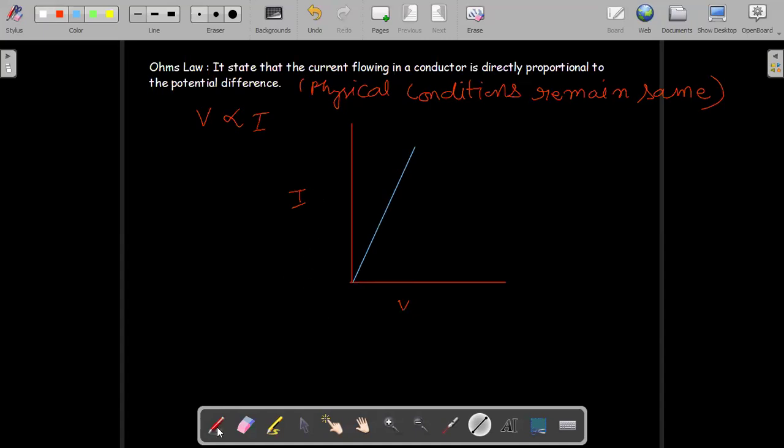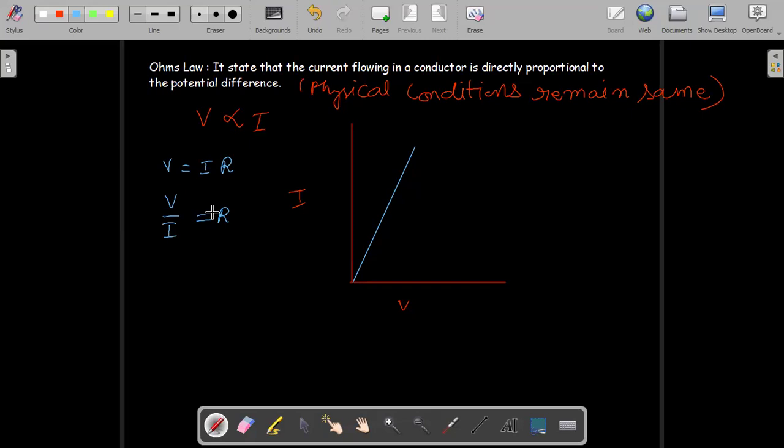Now if you find out the slope of the graph, you get V equals IR, so V by I equals R. Got it?